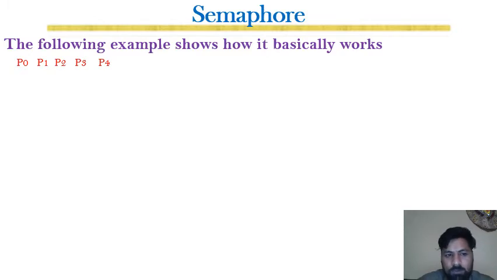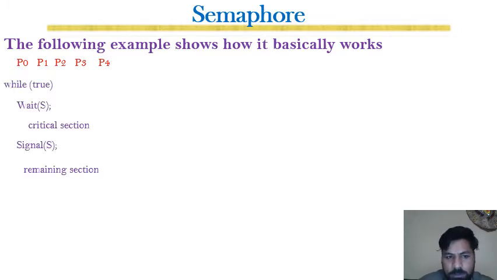So let us understand with an example how these functions basically work. For example, we have processes P0, P1, P2 and P3, and this is the code that a process should execute. While true means that as long as a process wants execution, first it will execute a wait function, because it is entering the critical section. As I said earlier, whenever a process wants to enter the critical section, it must execute its wait function. Once the wait function is executed, it determines whether the process should be allowed to enter the critical section or not.